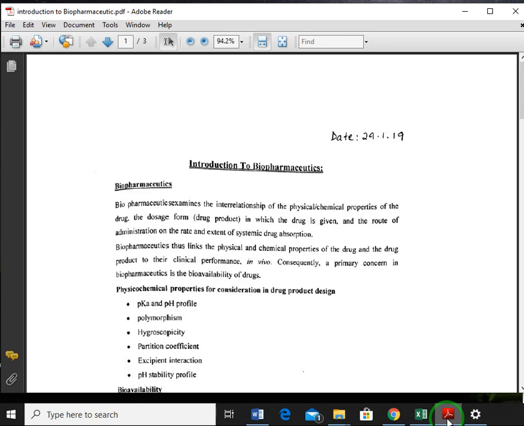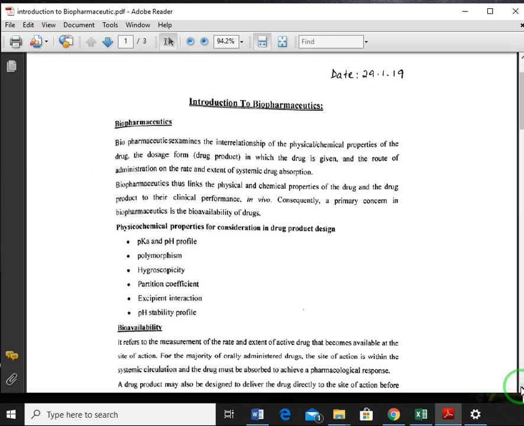Consequently, a primary concern in biopharmaceutics is the bioavailability of the drug. Some physicochemical properties are considerable in drug product design. What are these? Number 1, pK and pH profile, polymorphism, hygroscopicity, partition coefficient, excipient interaction, pH stability profile.